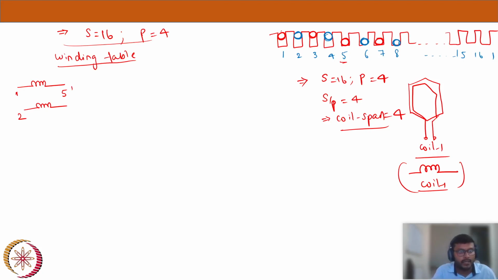It's not three slots, you can't say the number. You have to divide slots per pole, S by P. If it is three, if it is four, how many slots per pole you will get, that number will be equal throughout the structure. So we have to divide the slots by pole? Yes, slots per pole. From S by P, you can know how many slots are under each pole. Okay, sir.